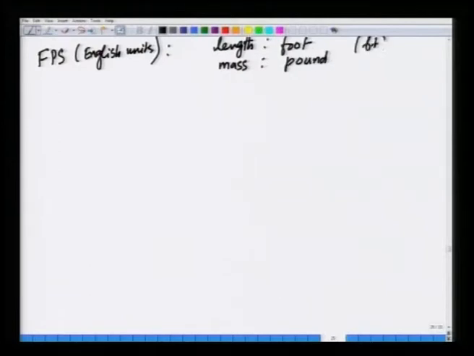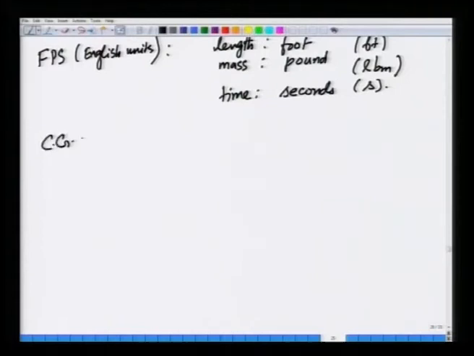It is denoted as ft, a pound mass is denoted by lb subscript m, and time is measured in seconds, which is the same as in SI. And traditionally people have also used centimeter gram second, where length is in centimeter, mass is in gram and time in seconds.